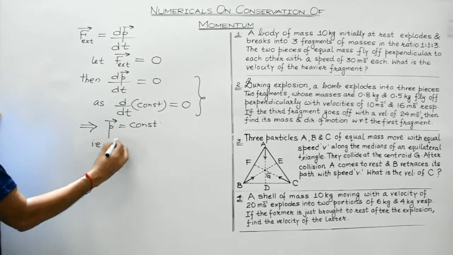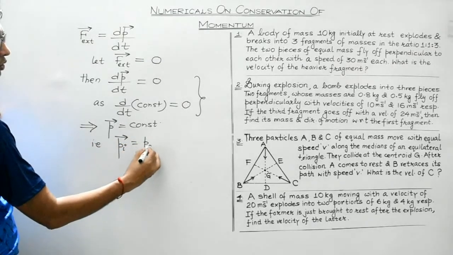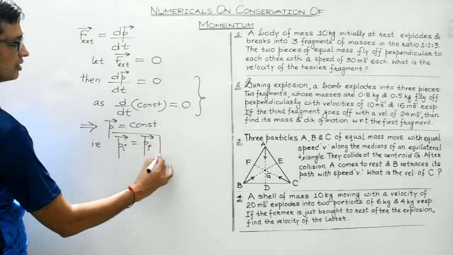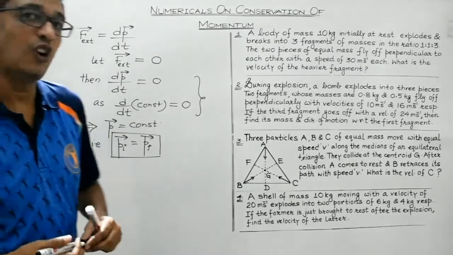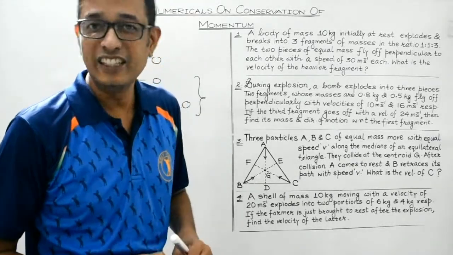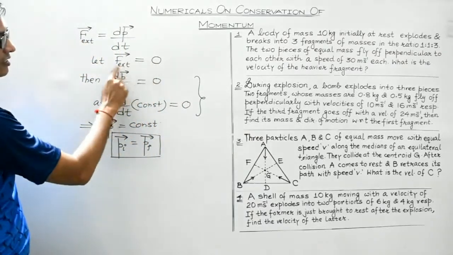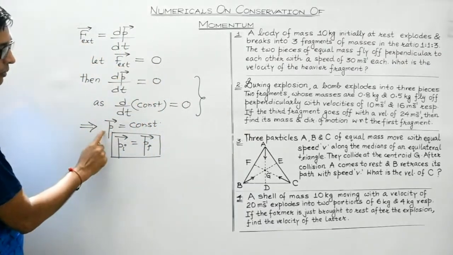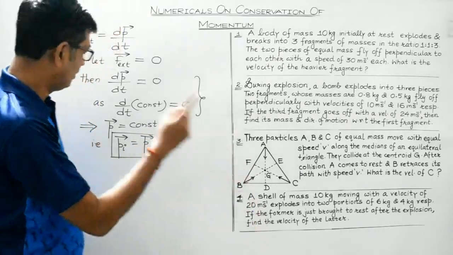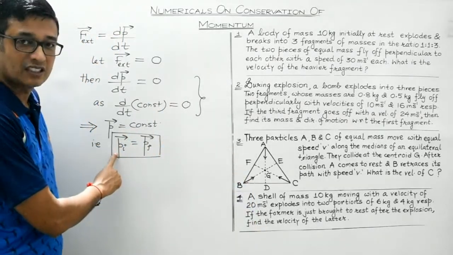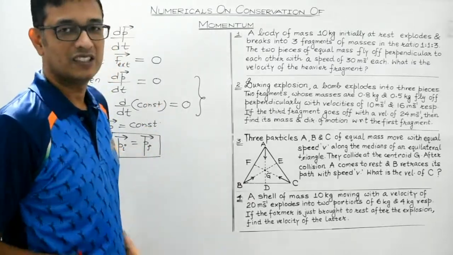That is, the initial momentum of the system would be exactly equal to the final momentum of the system. So this is basically, students, the law of conservation of linear momentum, which states that in the absence of any external force, the total momentum of the system is always conserved, which suggests that the total initial momentum of the system is exactly equal to the total final momentum of the system.